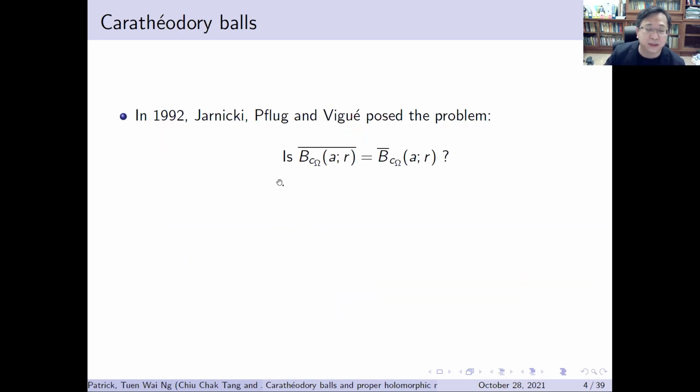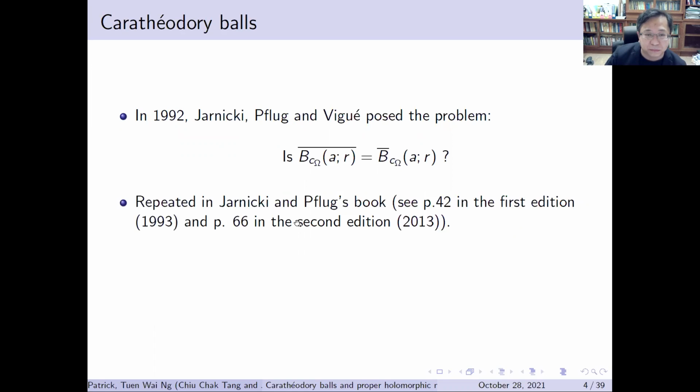The question was asked by Jarnicki, Pflug, and Vigué. They asked whether these two sets are the same all the time. The question was posed in a paper in 1992, and then repeated in the book Invariant Metrics, in both the first and the second editions.